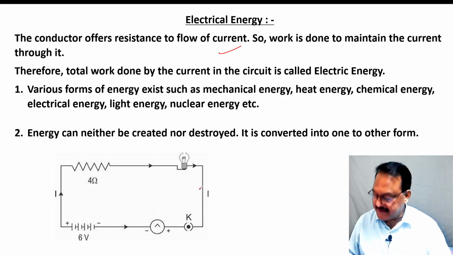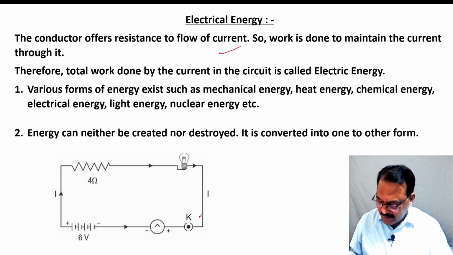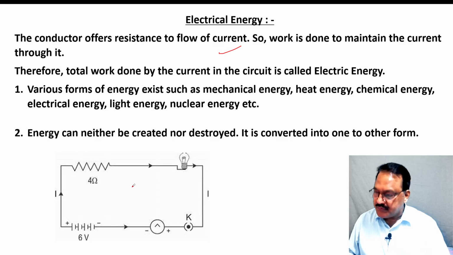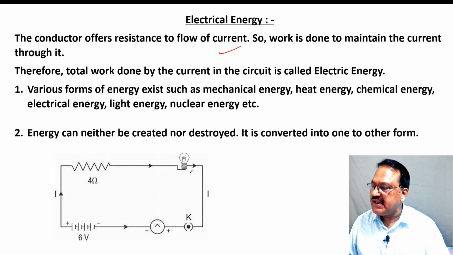This circuit has one battery, one resistor and one bulb connected in series. In this circuit, the conductor as well as the resistor has its own resistance.